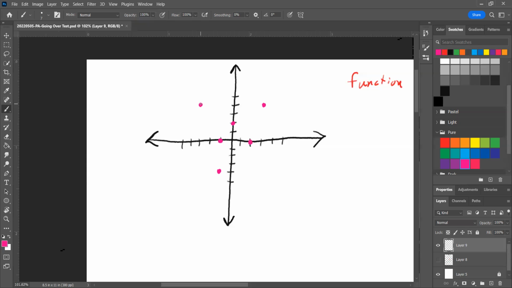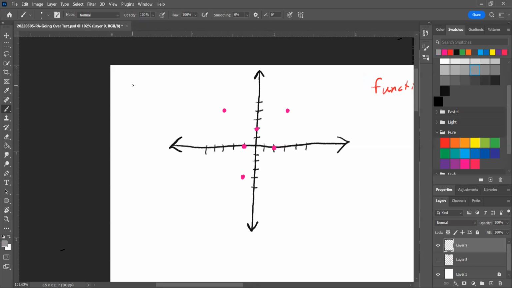And the way we do it for graphs, we use what we call a vertical line test. And what we're really testing for is, does X repeat? Well, on a graph, we can think about it like a vertical line.